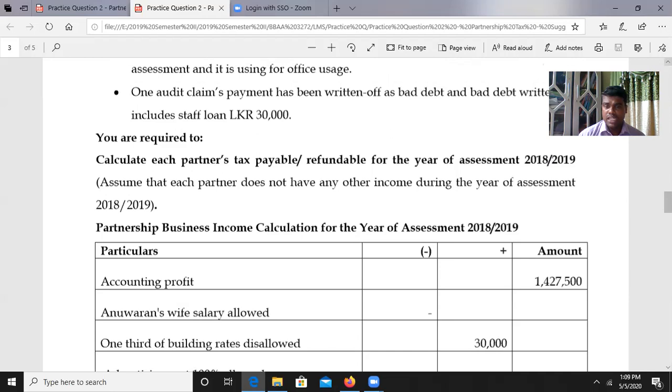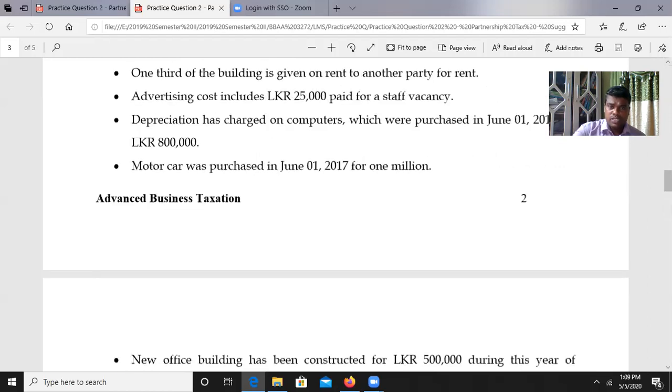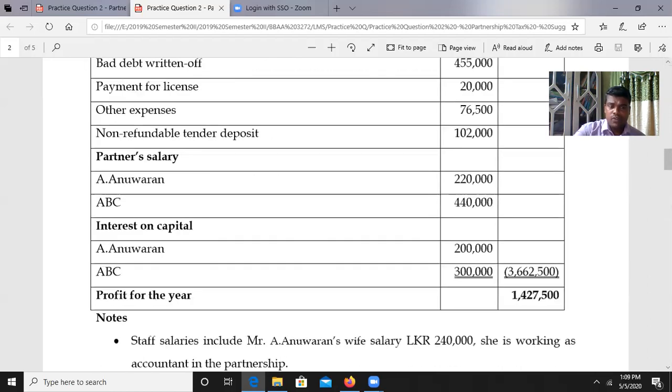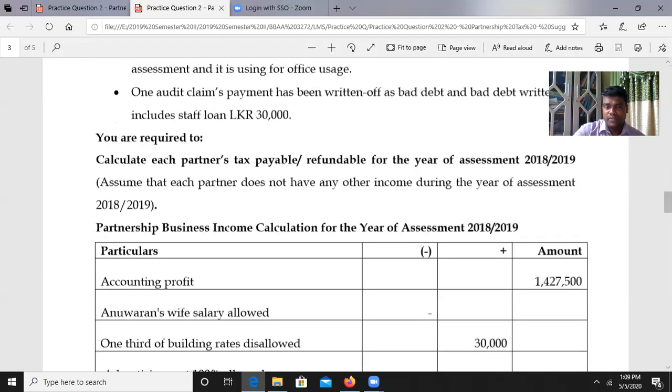The first one is particulars, then the minus column, the plus column, and after that the amount. Here in this question you can see that the profit for the year of the partnership is 1,427,500. So that should be taken first. Accounting profit is included in the amount column. You can see 1,427,500.